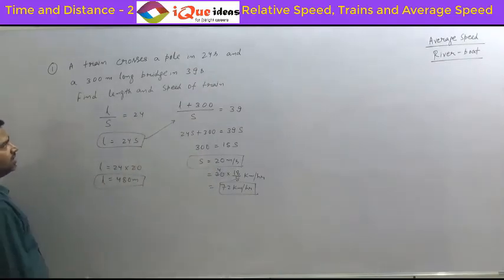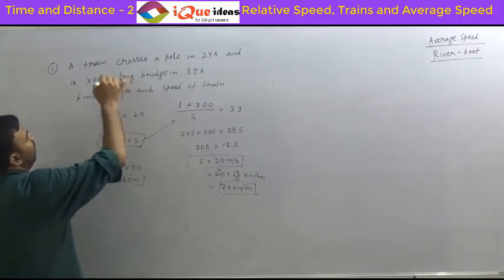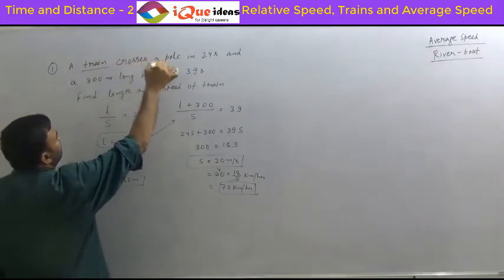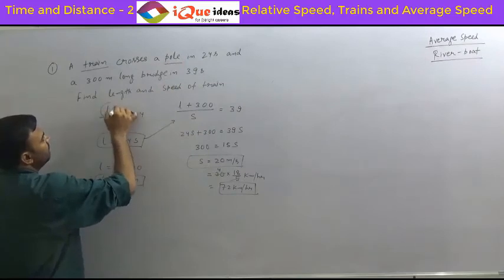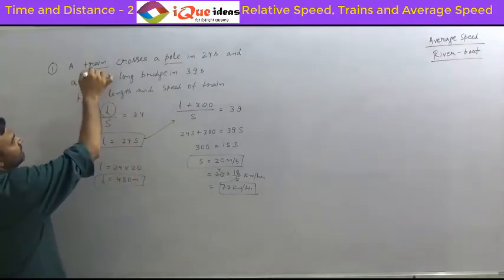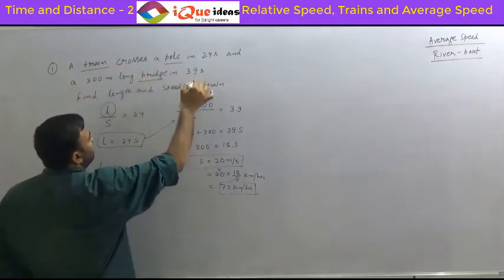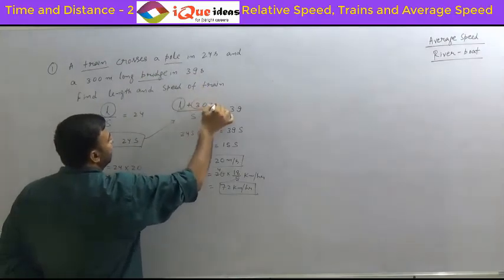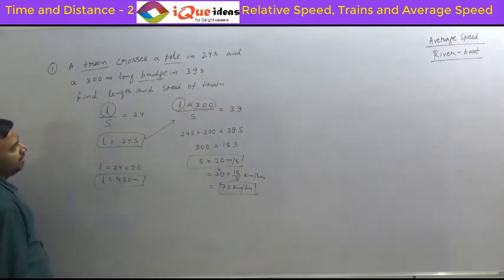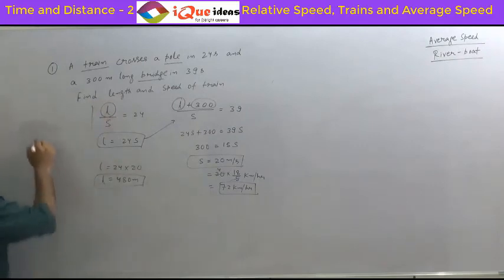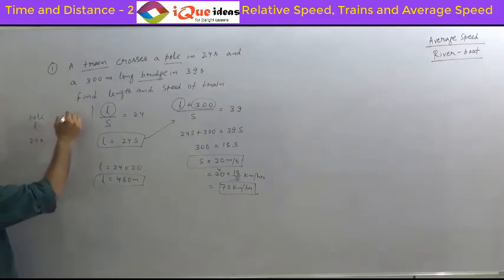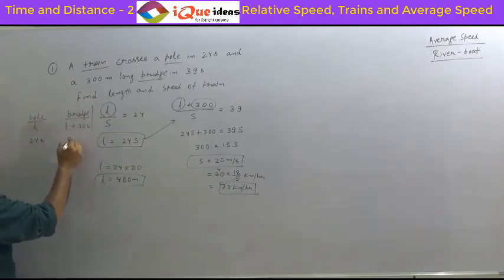This can be done directly also. You see, what is the distance traveled by train to cross a pole? Its own length. What is the distance traveled by the train to cross a bridge? Its own length plus extra 300. Right? So, for pole, which is own length, it is taking 24 seconds. For bridge, which is L plus 300, it is taking 39 seconds.